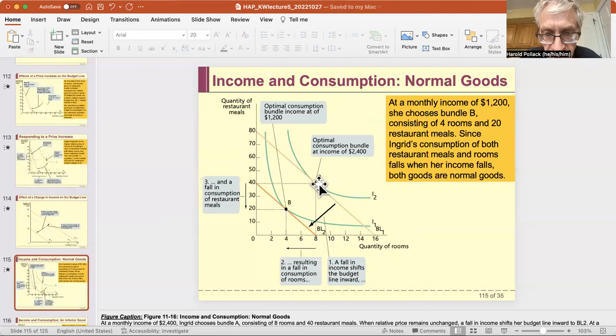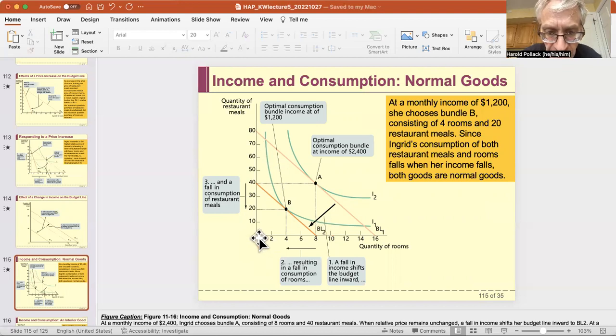This particular thing, notice that I haven't really changed the fraction of my income that I'm spending on each good. This is sometimes called a homothetic situation, where the degree of necessity and luxuriness of these two goods is basically the same at different levels of income. See, these curves, the shapes are basically the same.